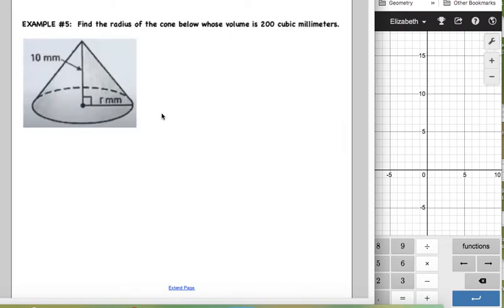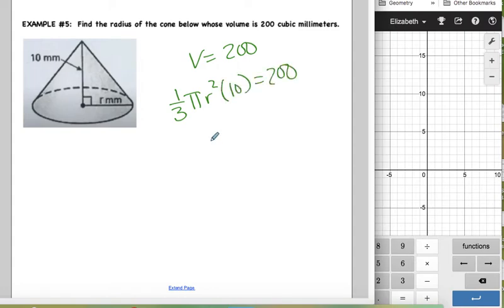And here we have one where we're working backwards. They have given us the volume, 200 millimeters cubed, and we have the height, and we're looking for the radius. So 1/3 the area of the base, which is pi r squared, and we don't know the radius, so I'm just going to call it r, times the height equals that volume they've given us.